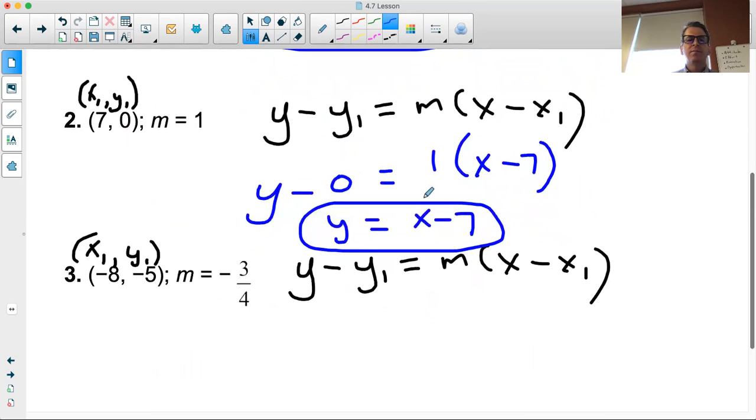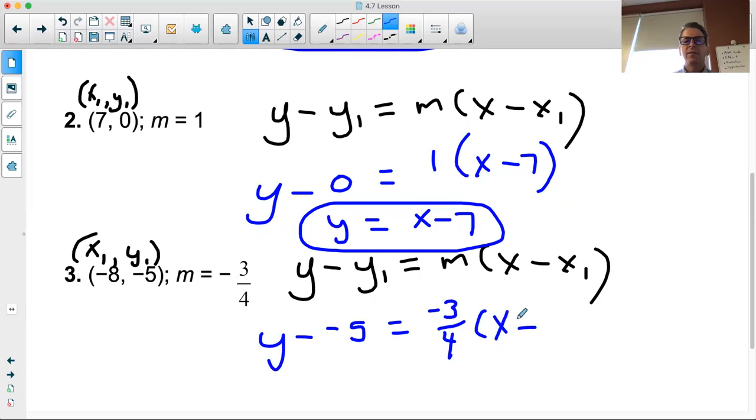Then number 3. You'd have y minus the y, which is -5, is equal to -3/4 times x minus the x, which is -8.